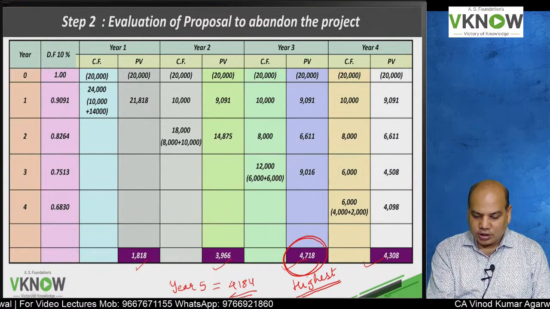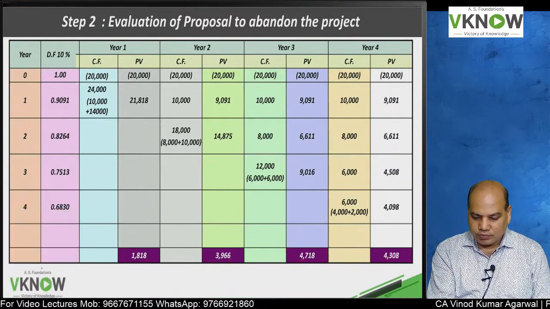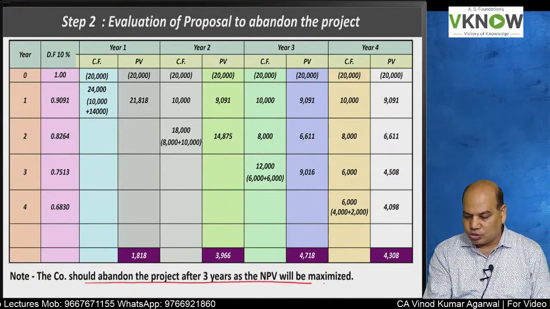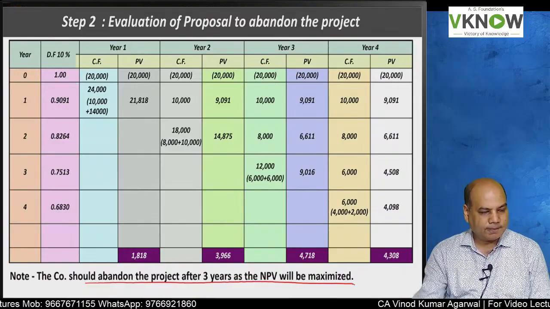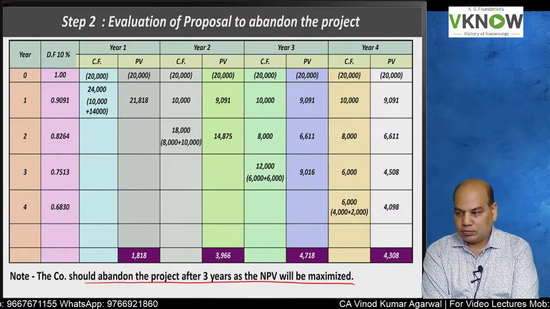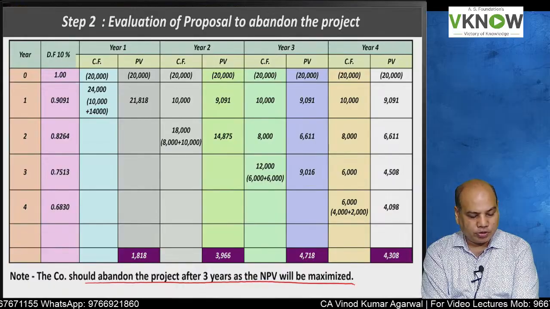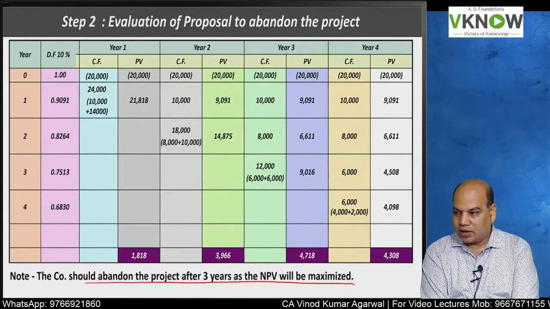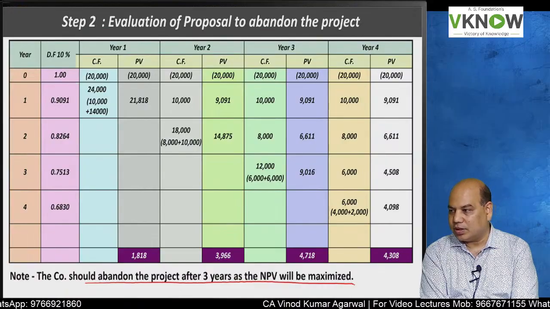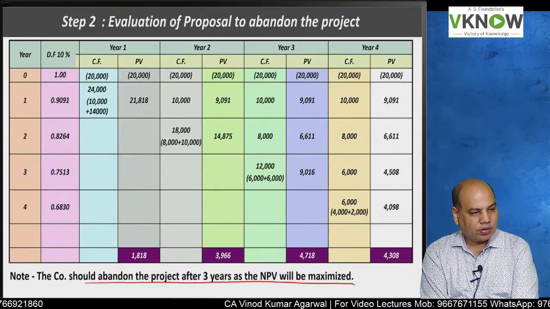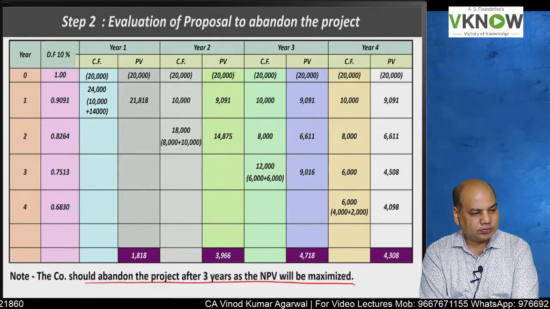So write down the conclusion. The company should abandon the project after 3 years as the NPV will be maximized.